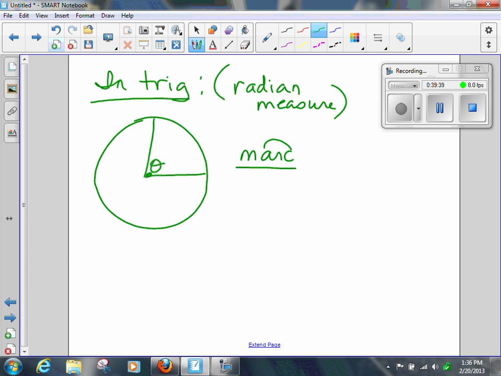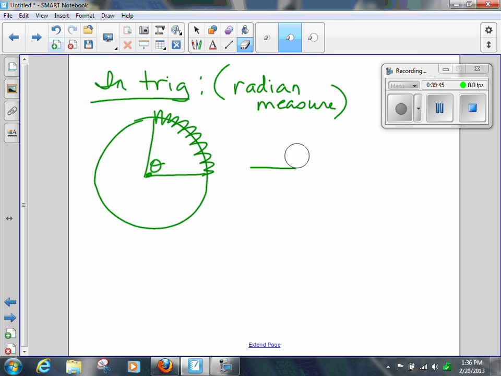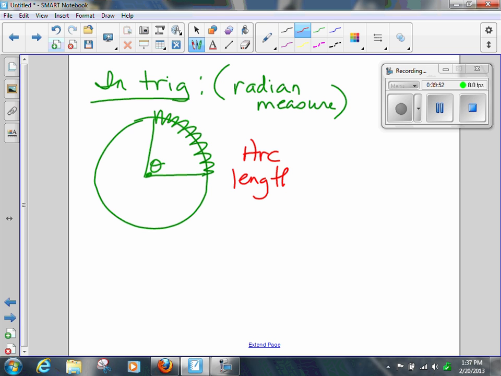And in order to find the length of the arc, let's do this. Arc length is going to be equal to the measure of the arc divided by 360. What's the distance around a circle in trig?